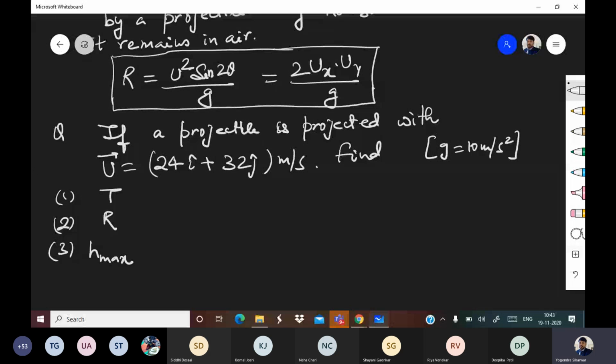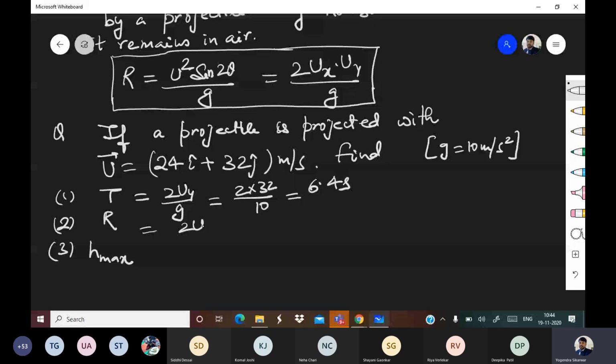So T again will be, using the formula 2uy by g, and when you put in the values, 2 into 32 upon 10, that comes out to be 6.4 seconds. R will be 2 into ux into uy by g. So that will be 2 into ux, how much? 24.